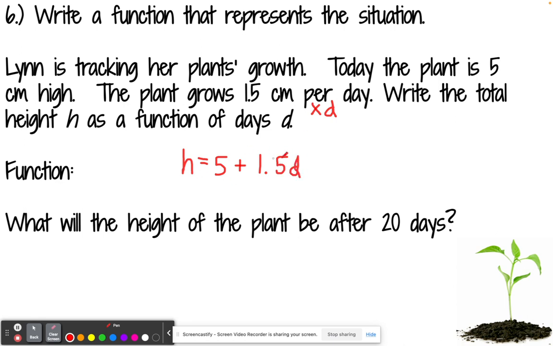Now, like I said, I like to rewrite this. I like to have my variable first. So my height will equal 1.5 times days plus 5. That way it's easier to see that this is my y over x pattern, and this is the starting point of my function. It's 5. What will it be after 20 days? I'm just going to substitute 20 for my number of days.